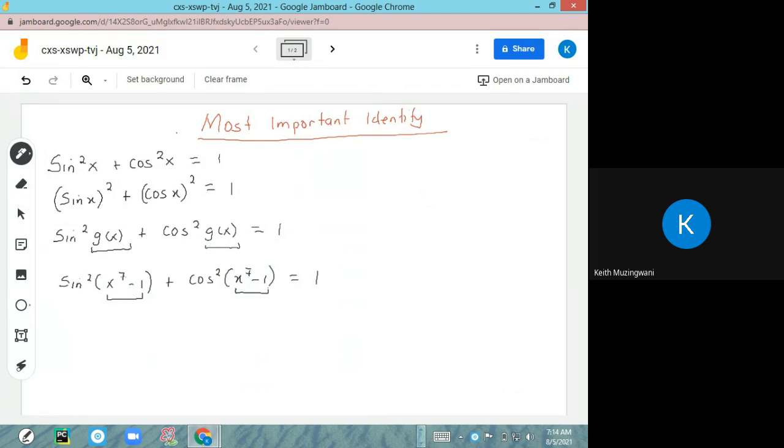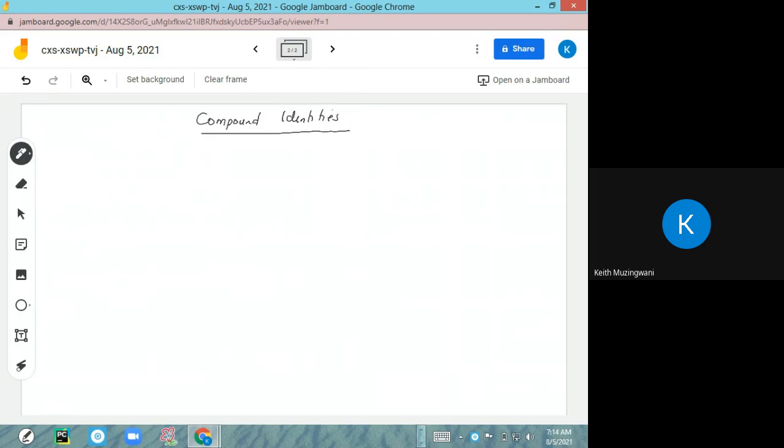Okay. We move. Compound identities. 1, if you have sine A plus B, we split it in the manner sine A multiplied by cos B plus cos A multiplied by sine B. It doesn't matter how you arrange them.